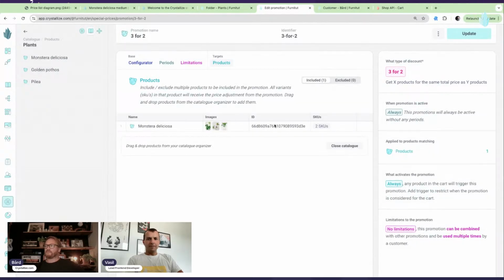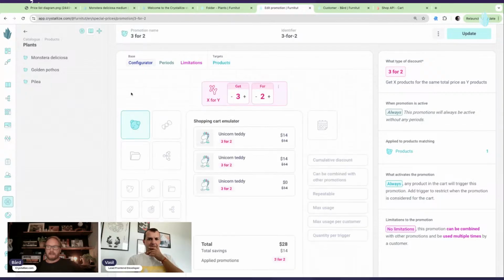You don't have to supply a product. If you don't supply it, it will be valid for any product, right? So that's the thing with the targets. It's what the discount should be applied to, and the trigger is when you want it to be applied.